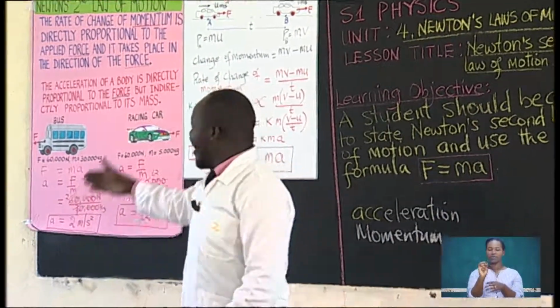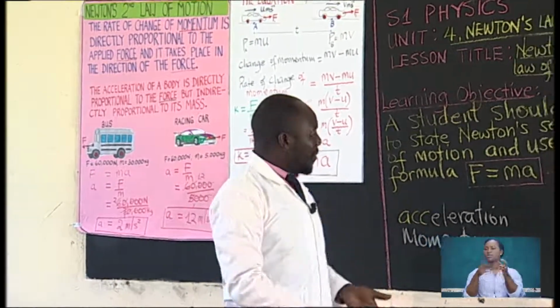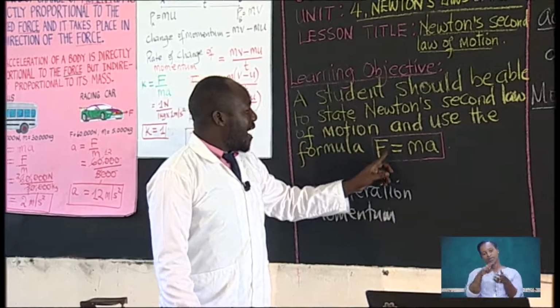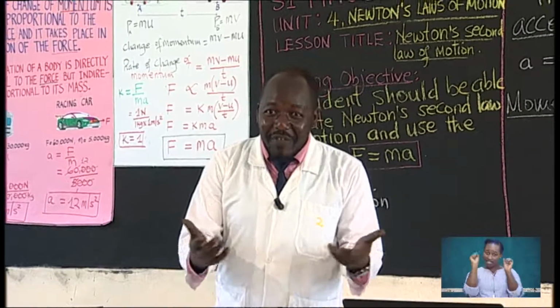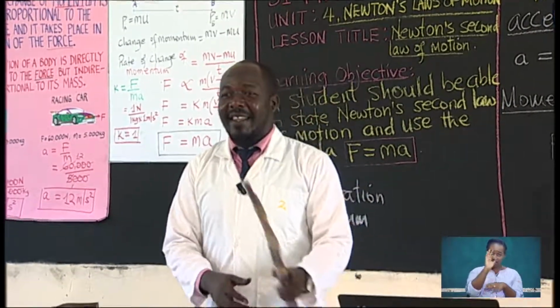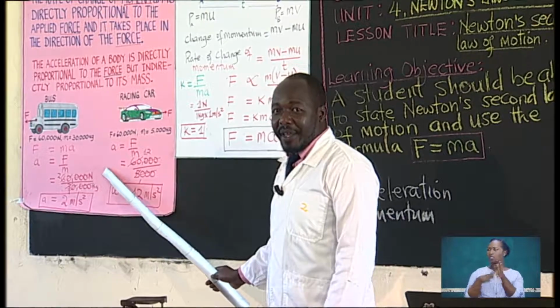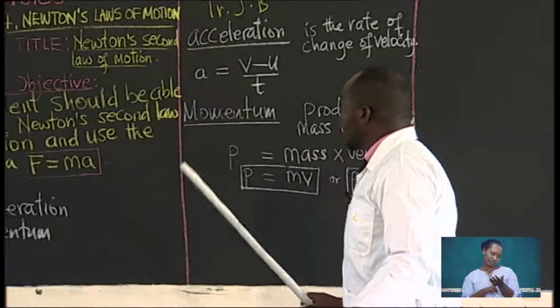Yes. Either using this or that. They mean the same thing. Two, we should be able to apply the formula F equals ma. Can we apply the formula F equals ma? I think yes, because it is right there. Okay? This is how we applied it.